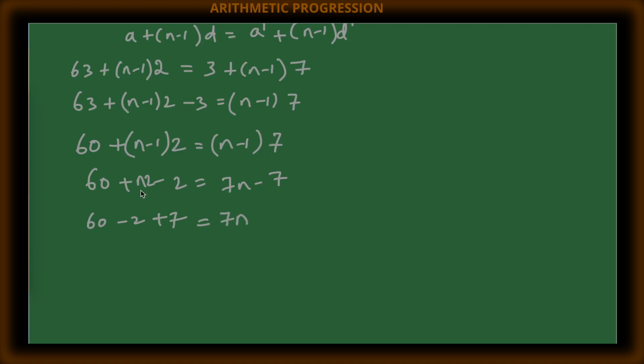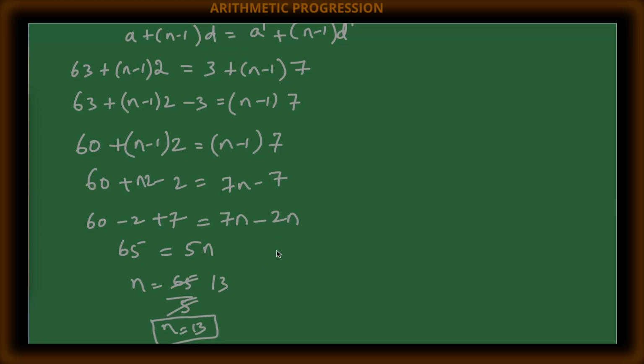We have 2n, let's bring it to the other side as minus 2n. This becomes 65 is equal to 5n. So n is equal to 65 divided by 5, which is 13. So n is equal to 13.